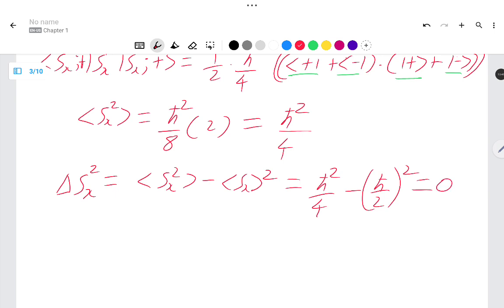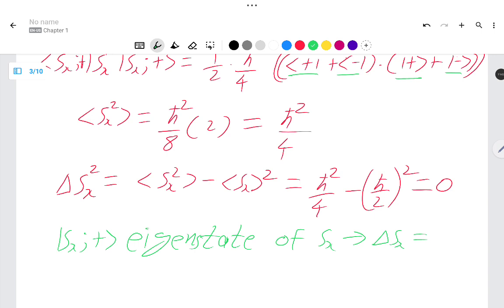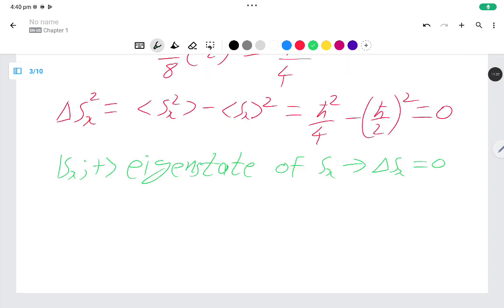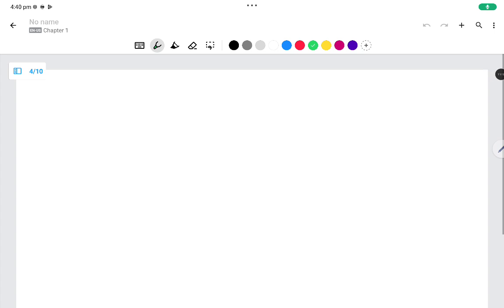And this is somewhat obvious because this is an eigenstate of the Sx operator. So delta Sx is 0, right? Okay. For the sake of completeness, we can try to find the expectation value of Sy as well.